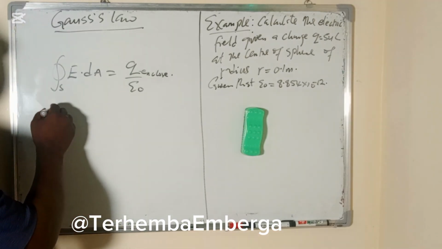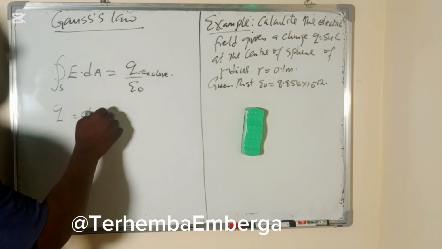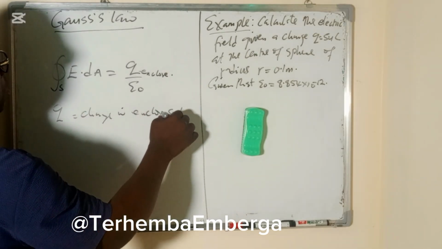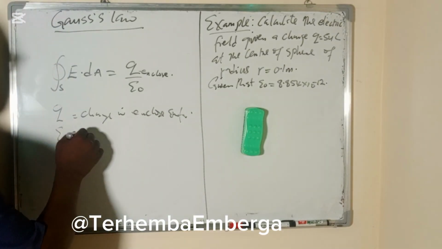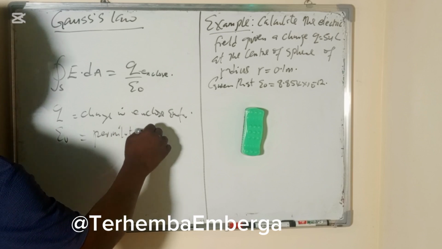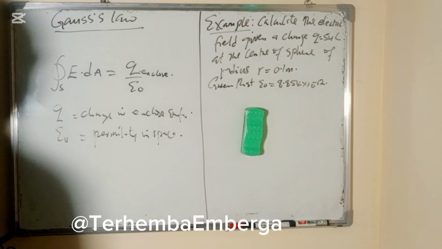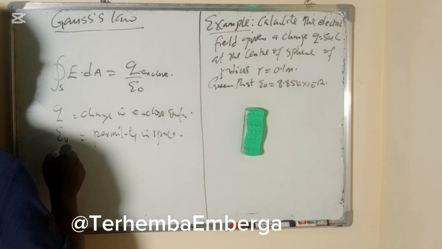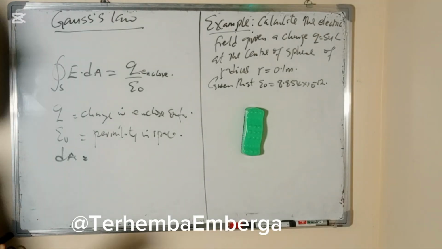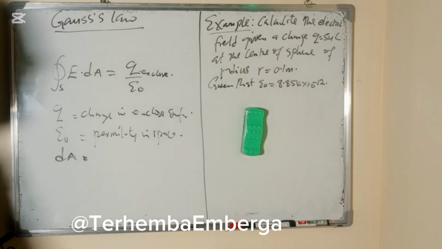And we said that Q is the charge in the enclosed surface. E naught is the permittivity in free space. And the A is the tiny area pointing out of that particular surface.